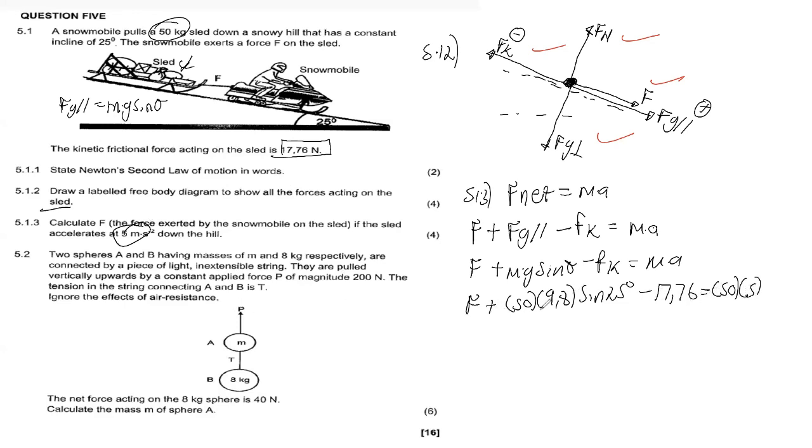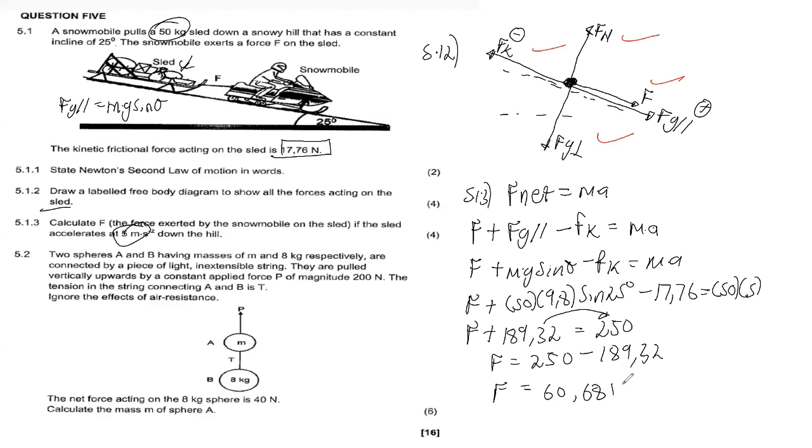Punching all this here into our calculator, we have the force plus 189.32 is equal to multiplying 50 times 5. That's 250. Then to calculate our force, we have to transpose this to this side. So that's 250 minus 189.32. Then our force is equal to 60.68 newtons, right? And then you have it like that for 4 marks, right?